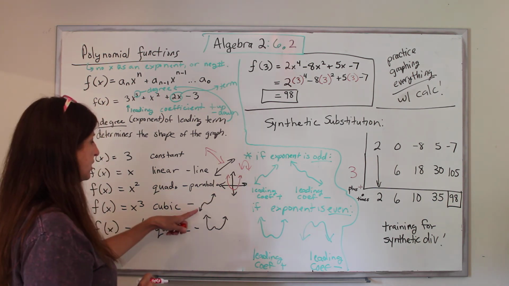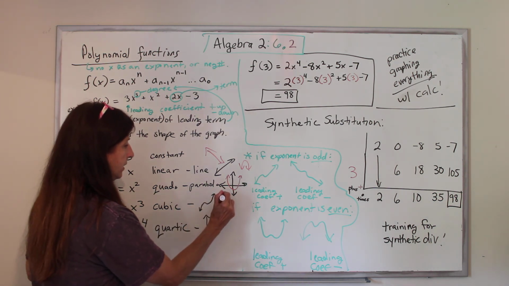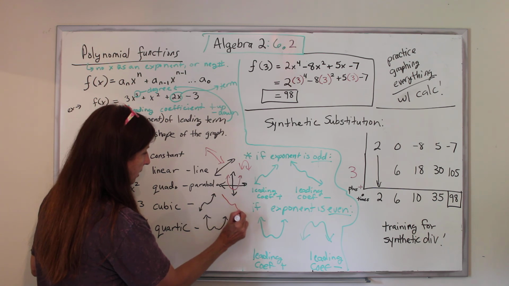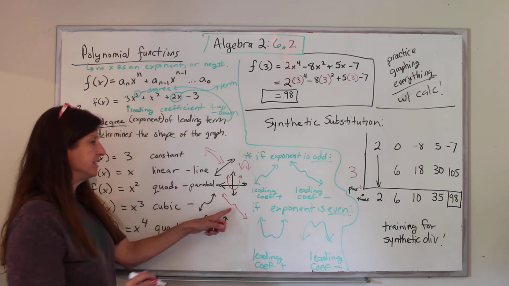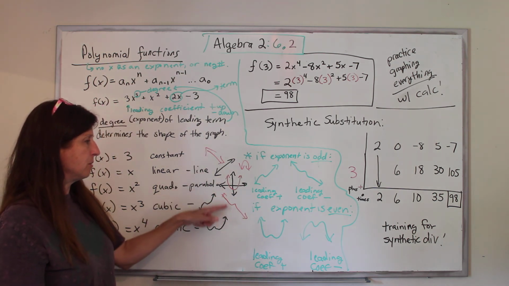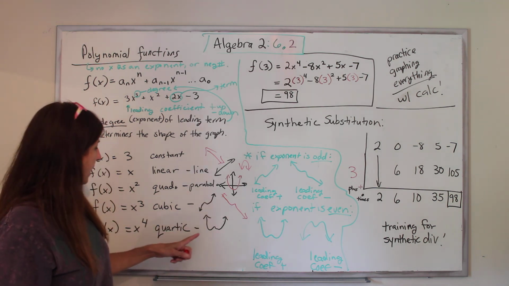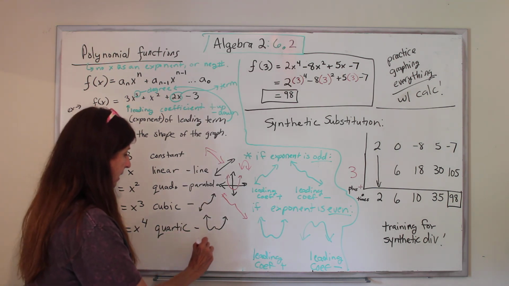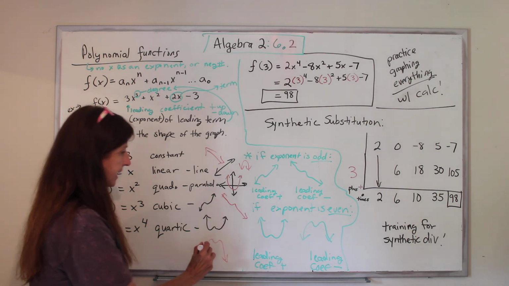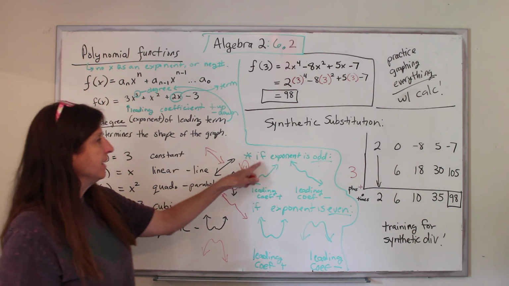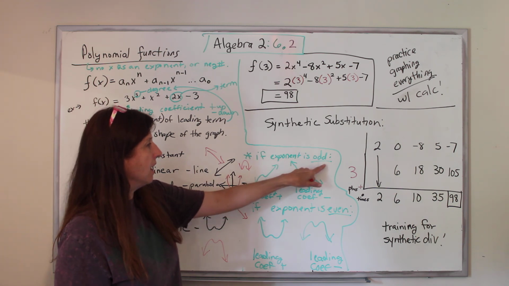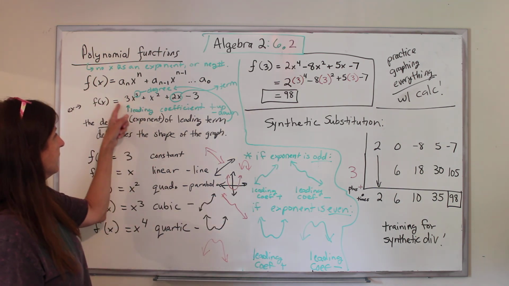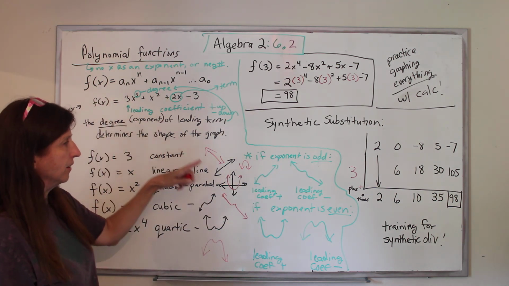Okay? If it's cubic, this is positive. Let's see if I can do it. That's negative. It goes down, but it's sort of like a line, but it has like a bump in it. Okay? If it's a quartic, that's if it's positive going up. And then here we go like that if it's down. And that's what this is saying. If the exponent is odd, the leading coefficient makes it go up or down.